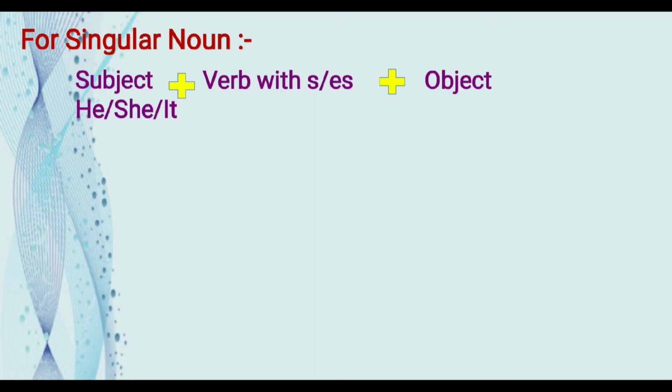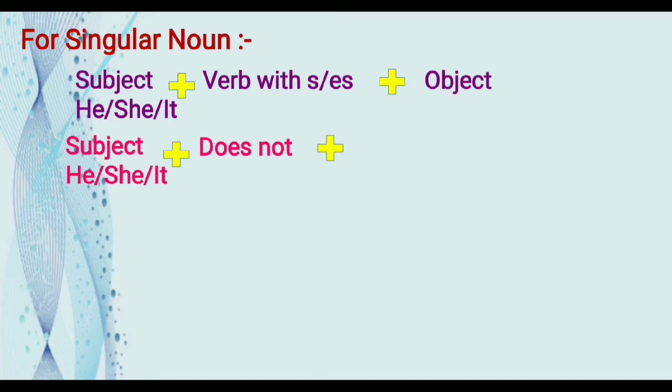Now, what will we do to make it a negative sentence? Subject means he, she, it or any singular noun, then does not. We use does not with the singular form of the noun or pronoun. Remember this rule: while we use does not in the sentence, we have to write the verb in root form.